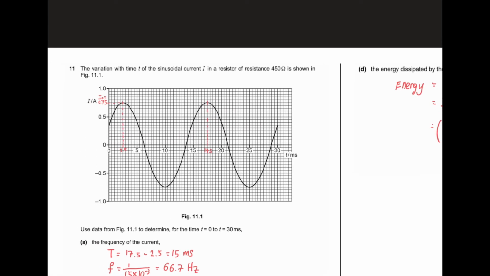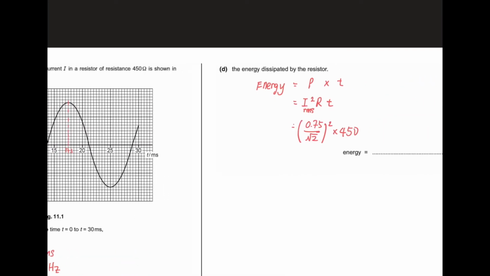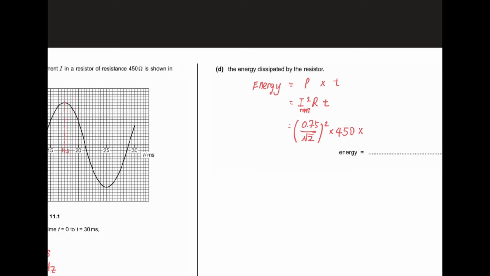That takes a total of 30 milliseconds, since we want to find the energy dissipated by the resistor in the whole process. So then we get 3.80 joule. This is considered quite direct.